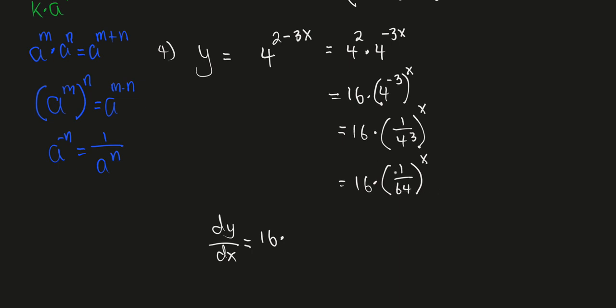So when I differentiate 1 over 64 to the x power, I will get back 1 over 64 to the x power, but then I have to multiply by, sorry, the natural log of the base. So the natural log of 1 over 64, right? And there we go. So that's the derivative in a slightly different form than what the original is.